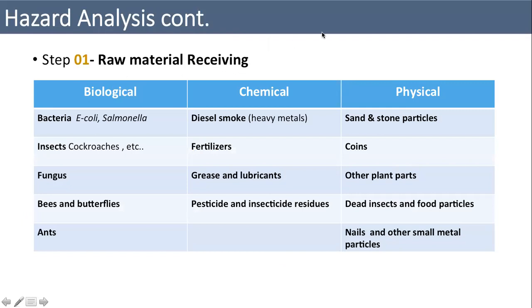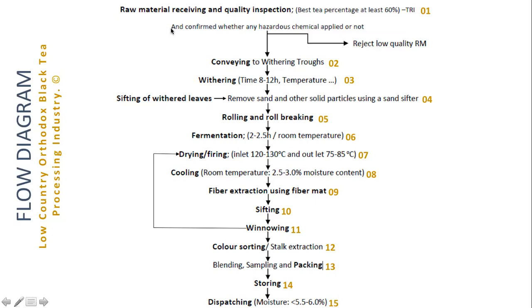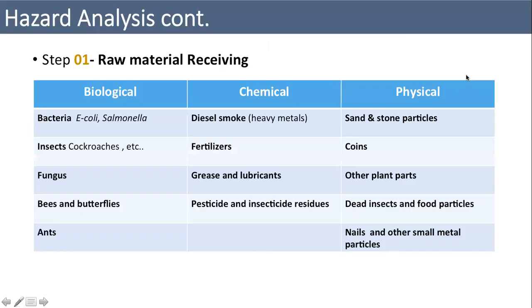The step one, can you remember what is the step one? Raw material receiving and quality inspection, right? Then as I told you earlier, we have 3 types of hazards: biological, chemical, and physical. In raw material receiving, biological hazards are bacteria, insects, fungus, bees and butterflies, and ants. So you might have some other examples.